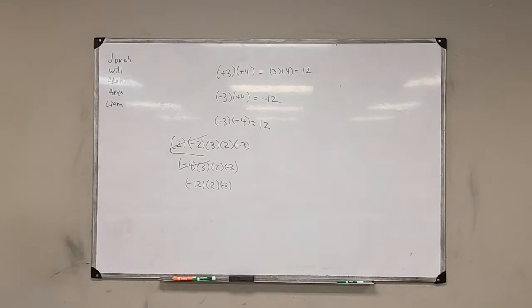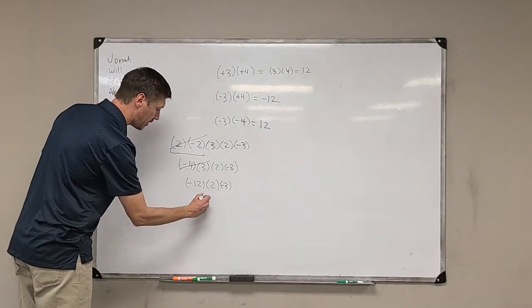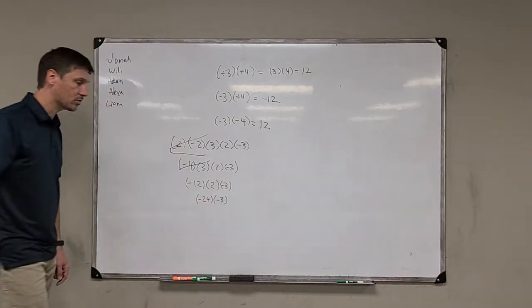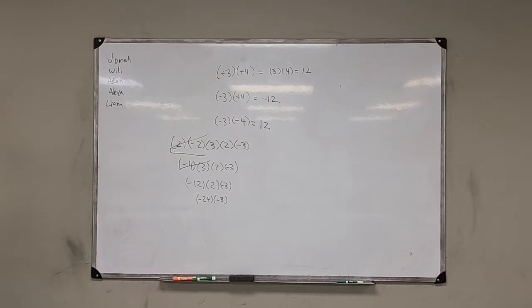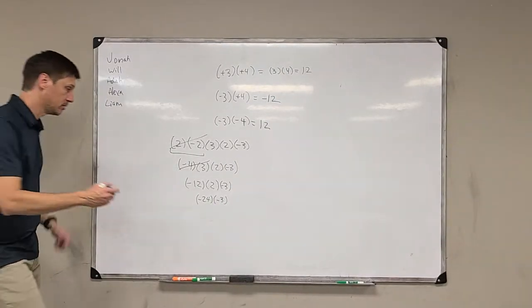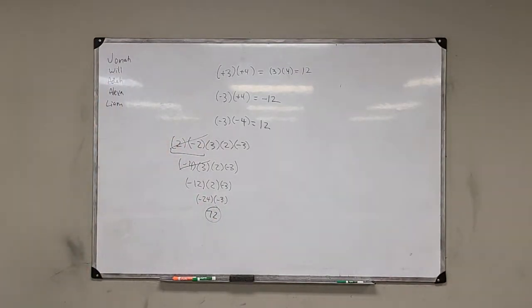There we go. Negative 12 times positive 2. Again, they're differing signs, so we're going to get a negative number, negative 24, times a negative 3. And then this last one, because they have the same signs, our final answer is going to be positive or negative? Positive, right? And so 24 times 3 is 72, right? 72 would be our final answer there.